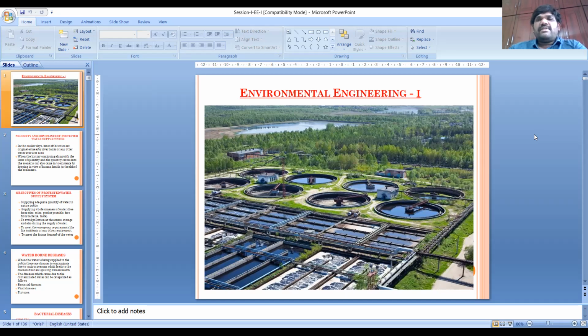We have already entered the third unit, and we are discussing water quality standards. There are only 4 topics in this third unit. The first is water quality standards as per IS 10500-2012.